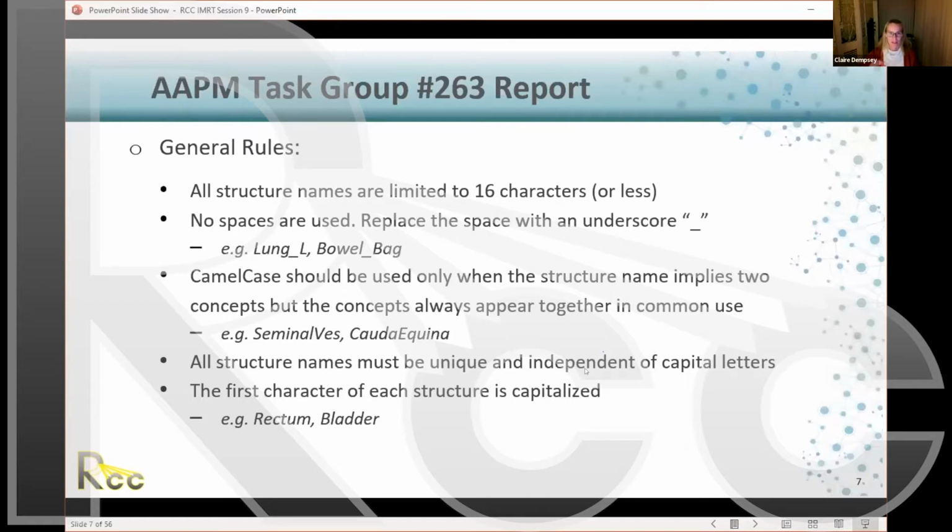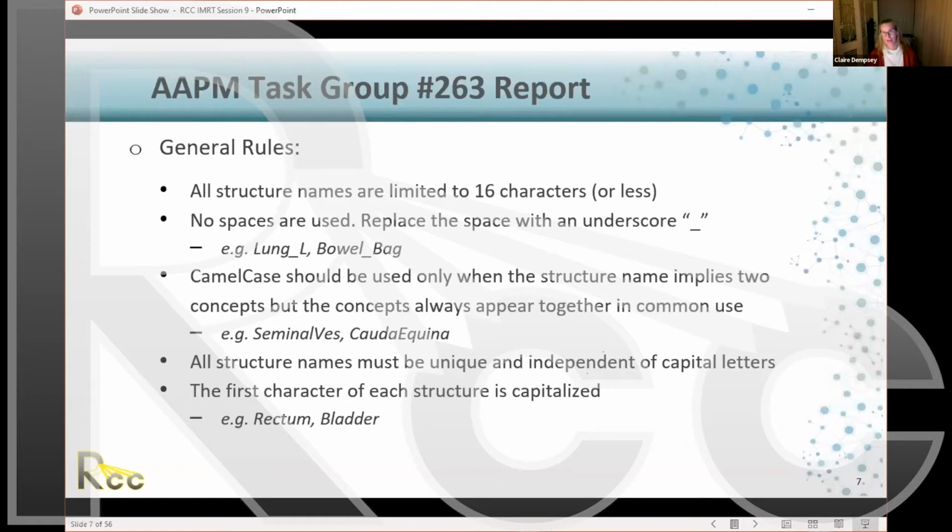So the CamelCase, where you have two words joined together with two capital letters, should only be used when the structure name implies two concepts, but the concepts always appear together. So it's always the two words that you use consistently together. So cauda equina and seminal vesicles are always two words that you use together. All structure names need to be unique and independent of capital letters.